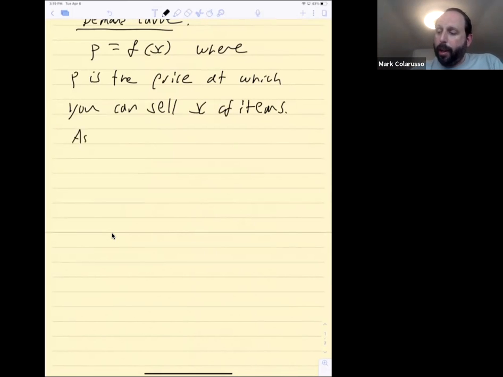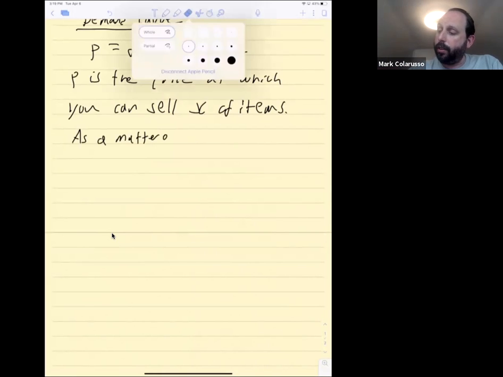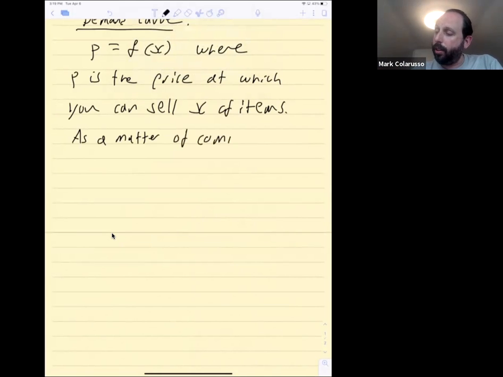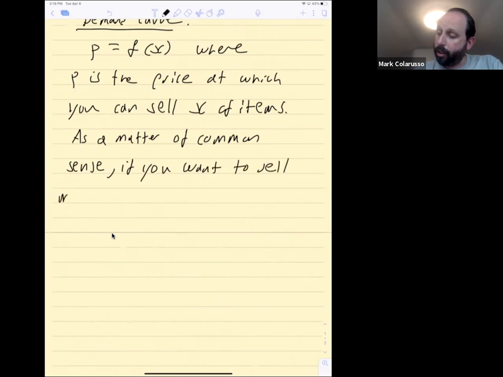As a matter of common sense, if you want to sell more items, the price has to go down.